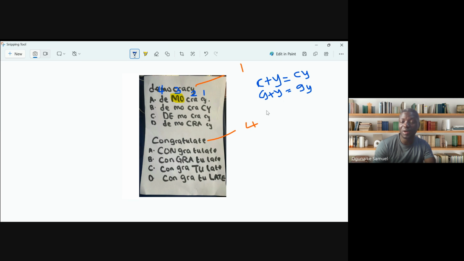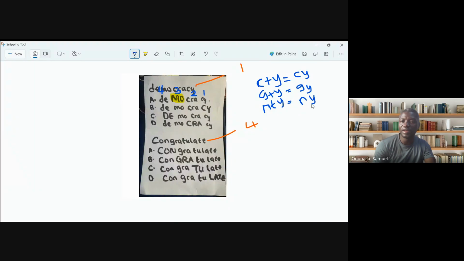What can come with y again? Okay, you can also have ny, n plus y. So you have balcony, you have biology, you have democracy, anything plus y.